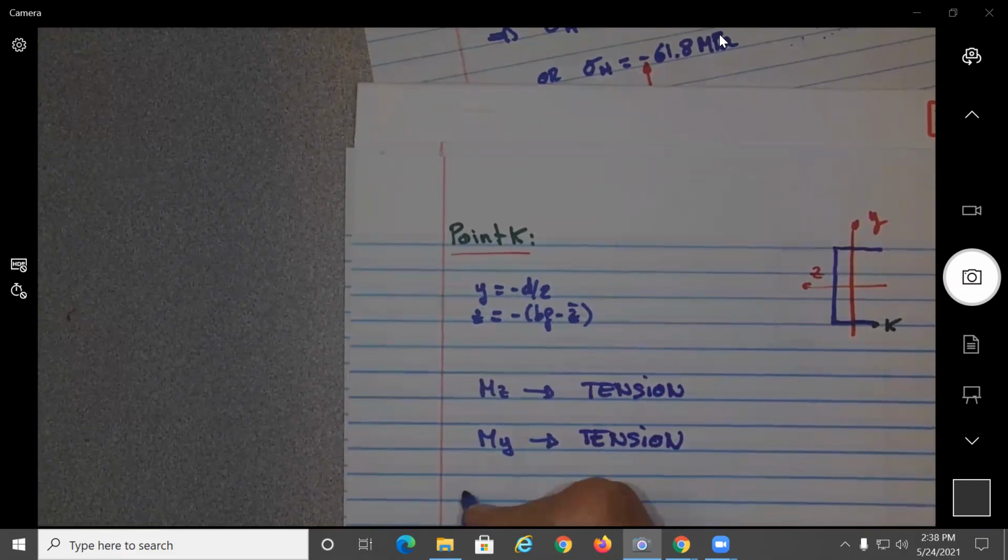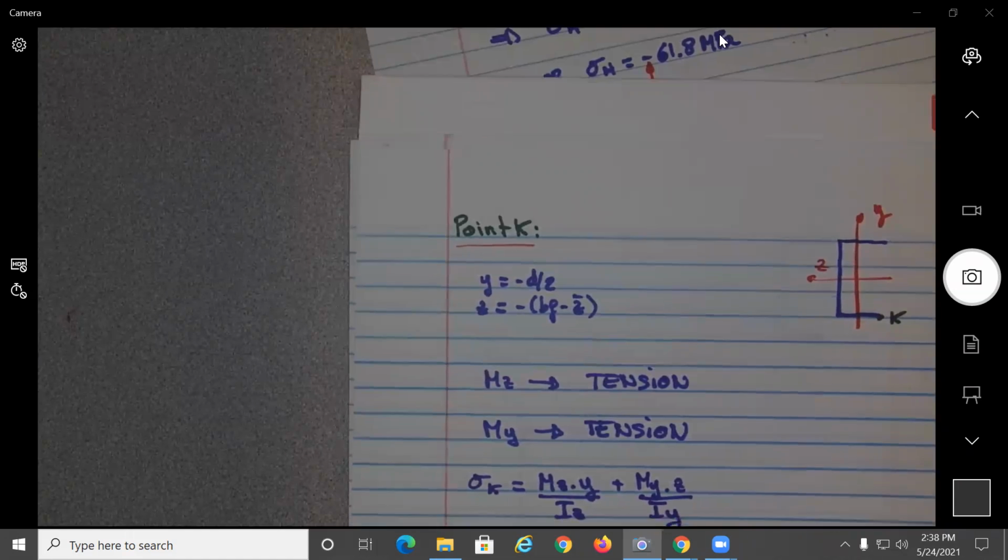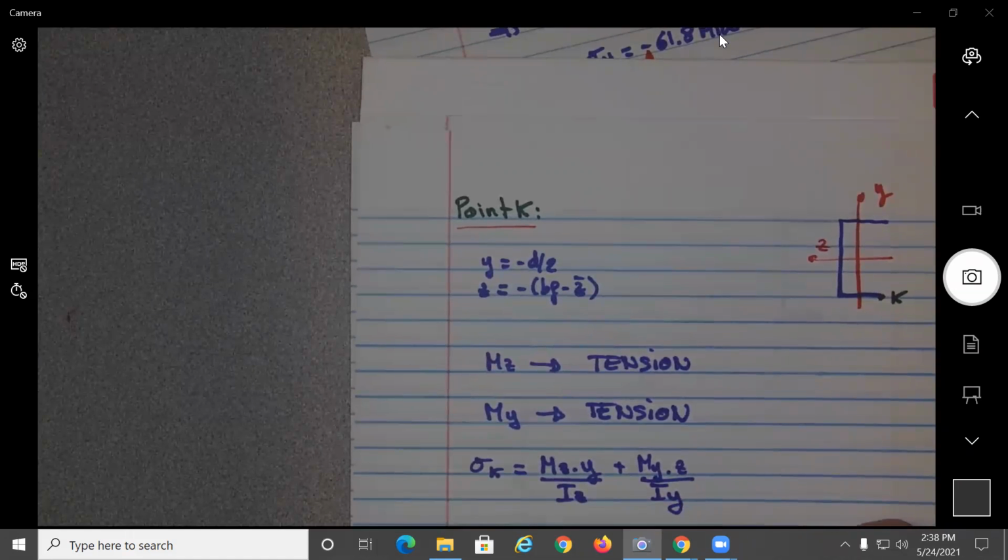If you substitute into the equation, sigma sub K equal to Mz times y divided by Iz plus My times z divided by Iy, you get that sigma sub K is equal to 108.4 megapascals in tension.